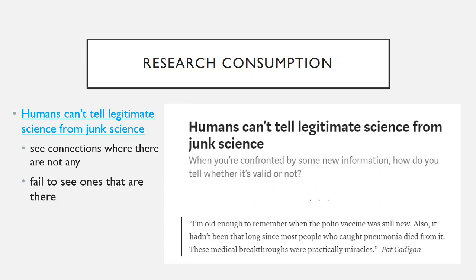Well, they're failing to see that the reason we can live in a reality where we're not scared of polio and we don't know many people who died of polio is because of the vaccines. So we fail to see that connection because it's not screaming in our face. Since we're not familiar with the reality of people suffering from polio, we fail to see that it is the vaccines themselves that made that reality possible.